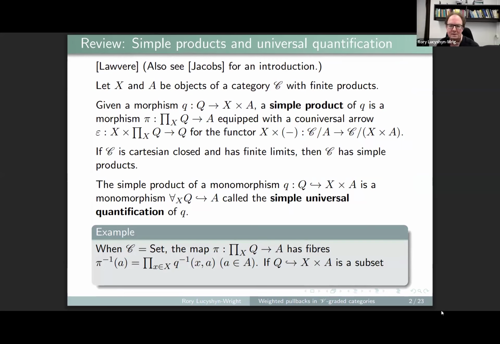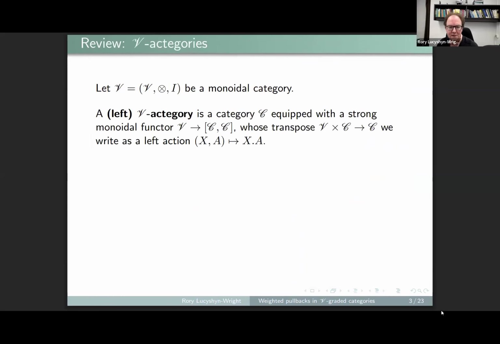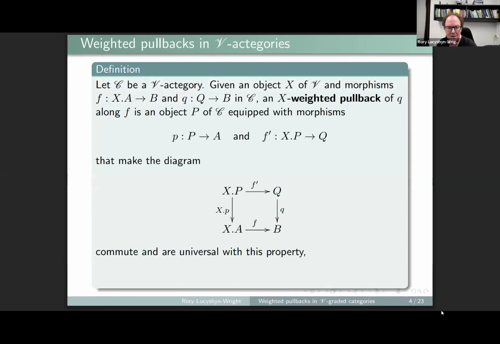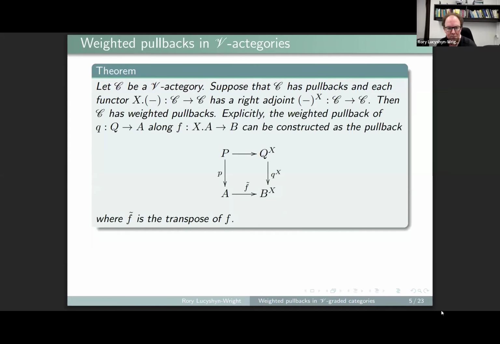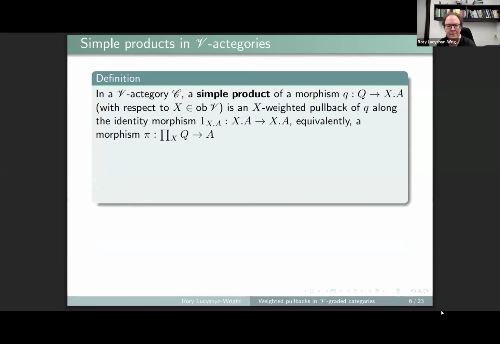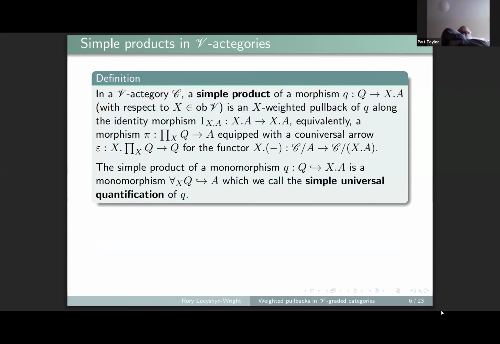Now, the interesting thing is that when we proceed to the actegories case and look at simple products, we could still define simple products, but we do not have product projections here. So there is actually no product projection along which to consider substitution.